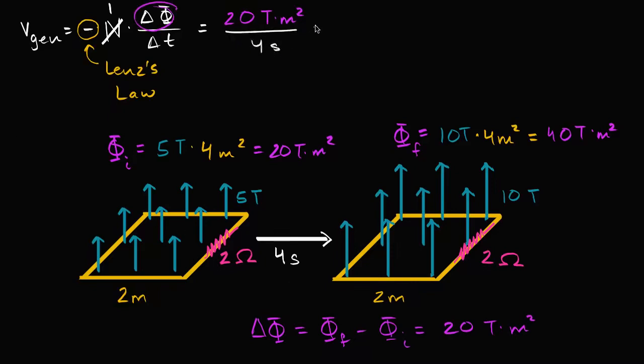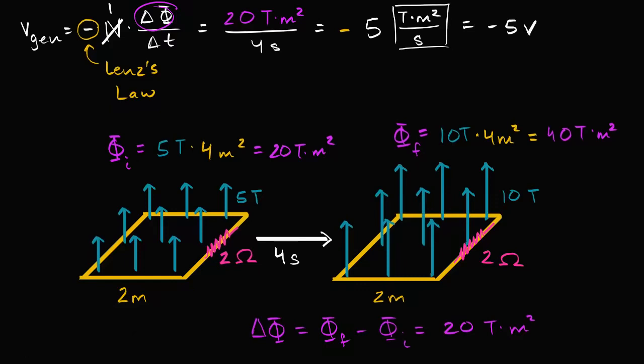And I could throw that negative there if we want to: negative 20 divided by 4 is 5 Tesla meter squared, or squared meters, per second. And this actually turns out to be a volt. So we could say this is negative 5 volts.